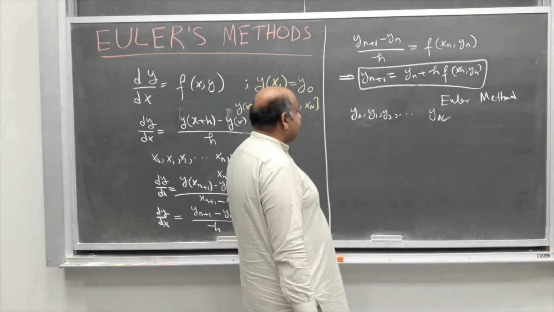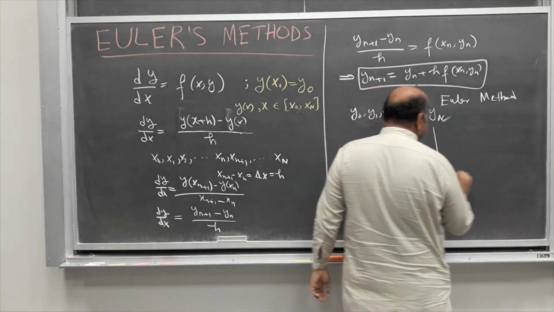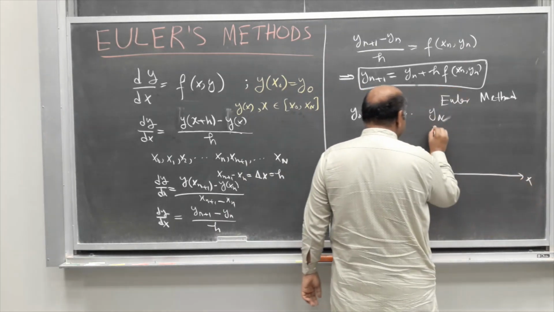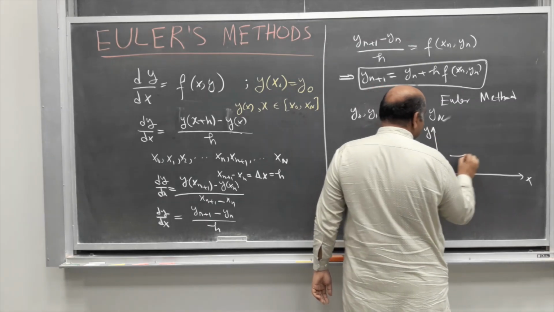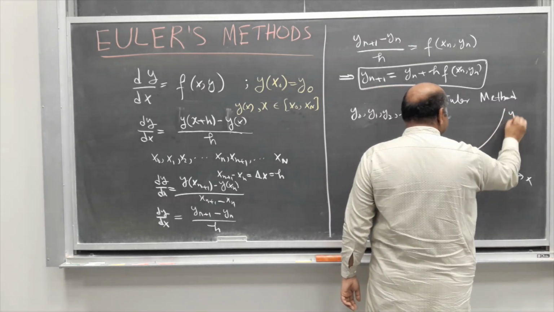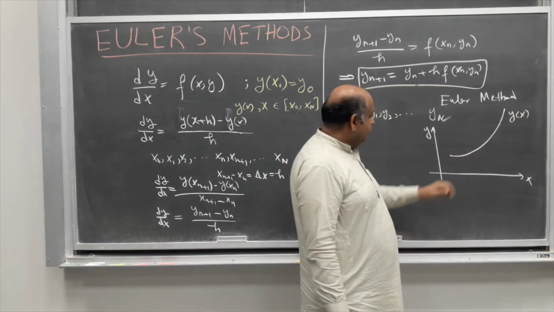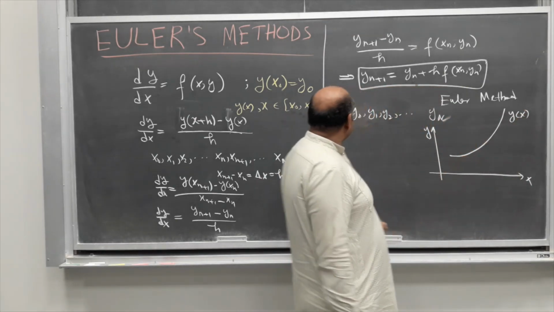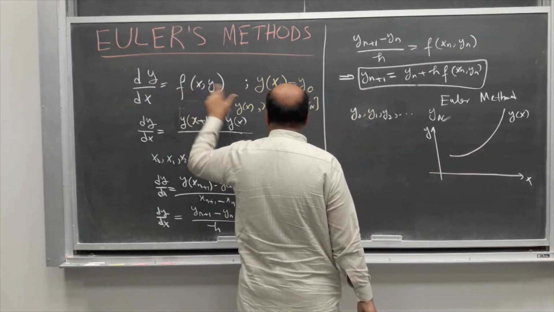Let's see how we can imagine this method geometrically. Suppose our actual solution is something like this. This is the actual solution that we are trying to find. What we are given only is the slope of this actual solution at every point x.